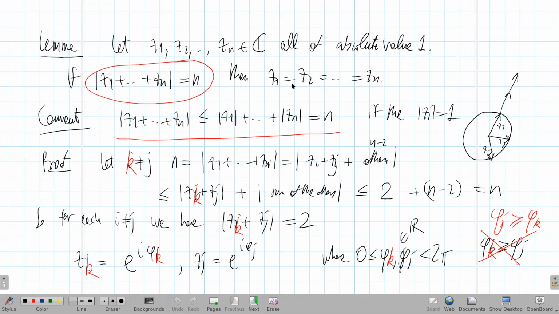So all the z are the same. If the sum of elements of absolute value 1 has absolute value n, which is the maximum you can have, the only way to get this is if they are aligned, if they go in the same direction. If you have two elements going in different directions, then their absolute value will be less. It's really something about vectors.